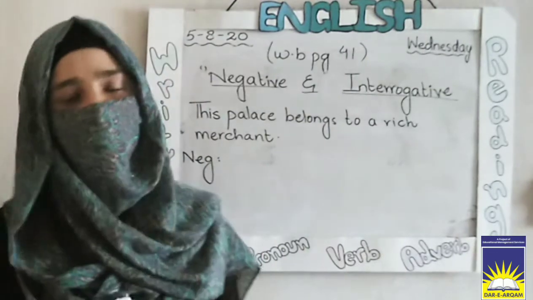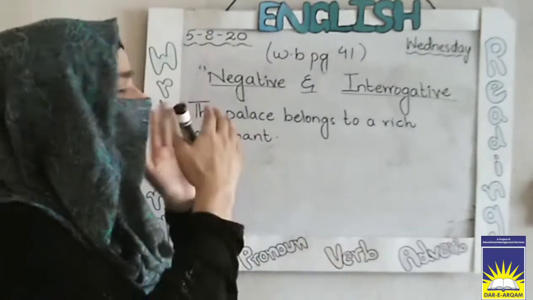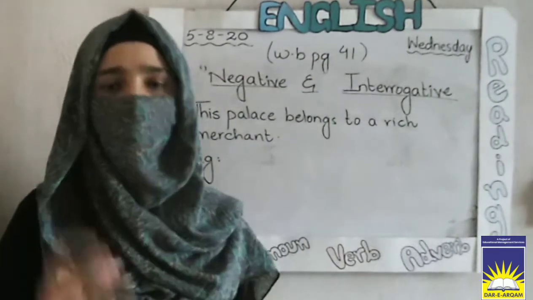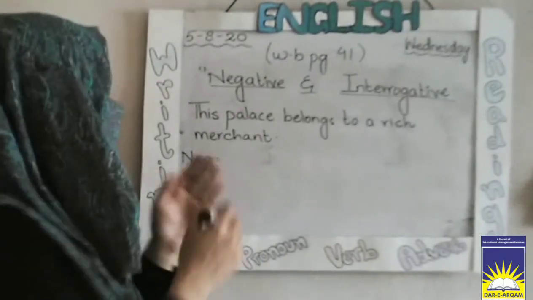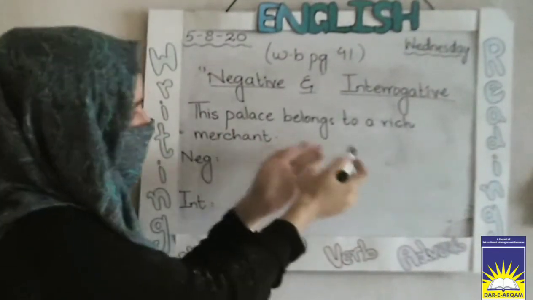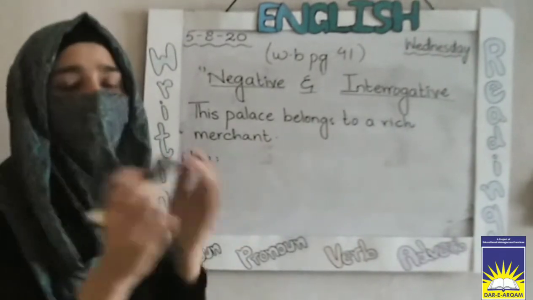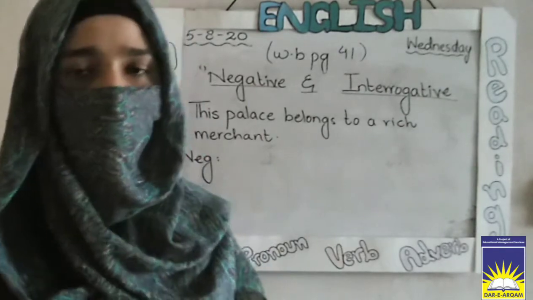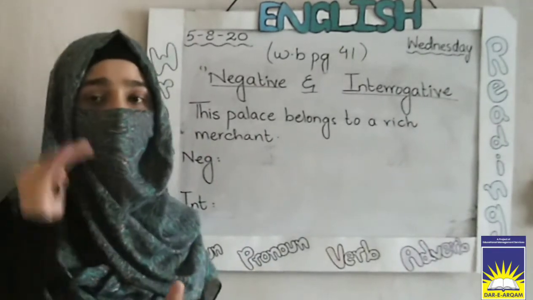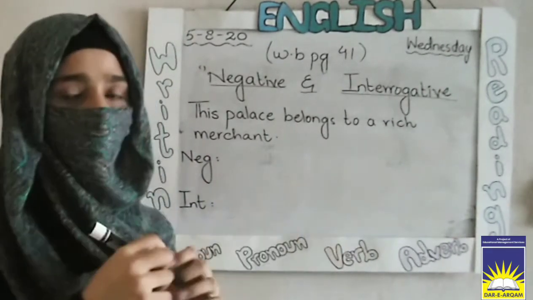Yes, in this exercise the simple present tense sentences are also given to you. For example, here is the sentence: "This palace belongs to a rich merchant." After reading this sentence, the first thing I have to do is find the type of tense.